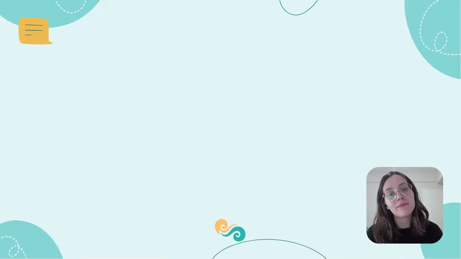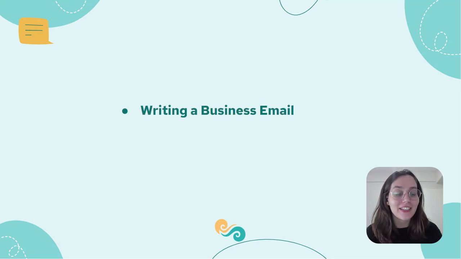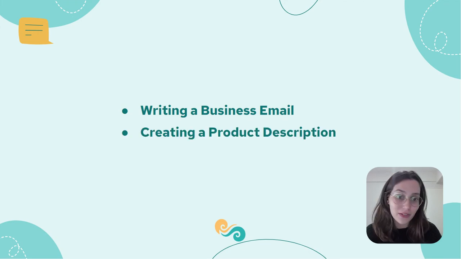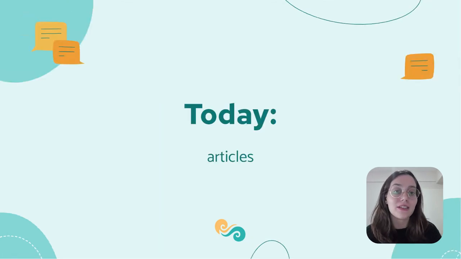Today I present very commonplace scenarios, as you'll see, such as writing a business email or creating a product description. The thing is, every time we use language, we will probably make use of articles.